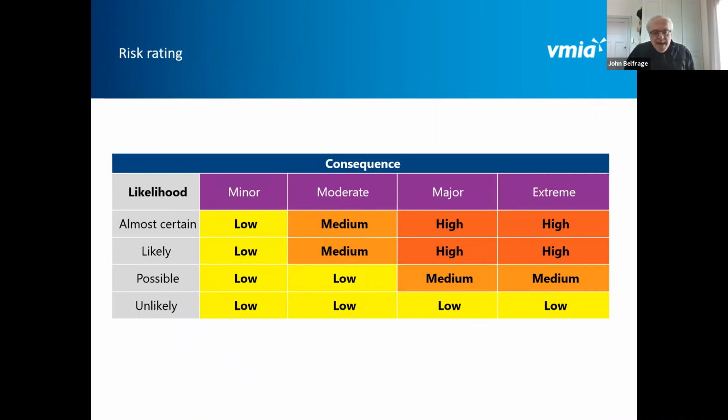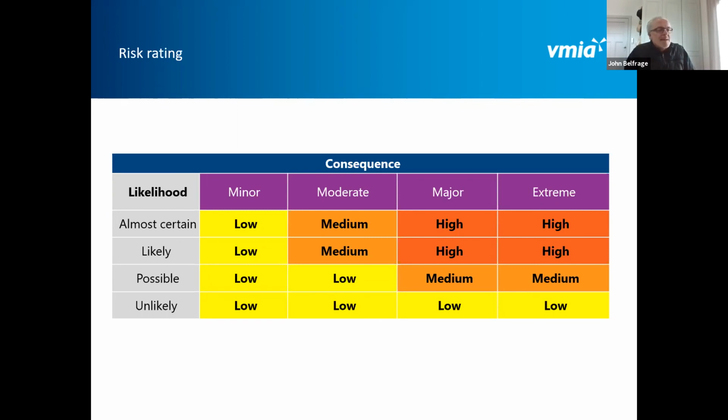So, in risk parlance, this is called a heat map. It's just a matrix which identifies consequence and likelihood. Consequences should be described in a table, and wherever possible, they should be based on evidence, professional advice, and/or experience.